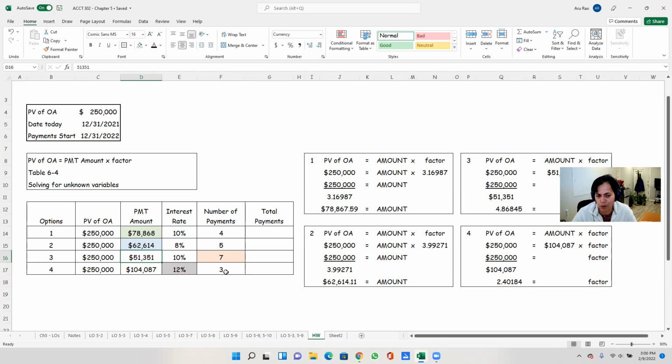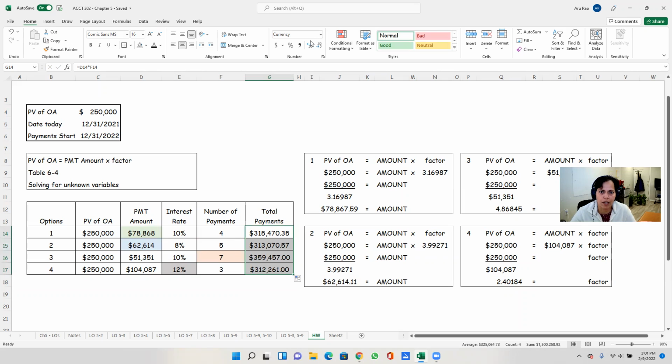I'm going to make that only for 3 years. So I'm going to do something really quickly over here. I'm just taking these payments and multiplying it by the number of payments to see how much I'm going to be paying in each of these 4 cases.